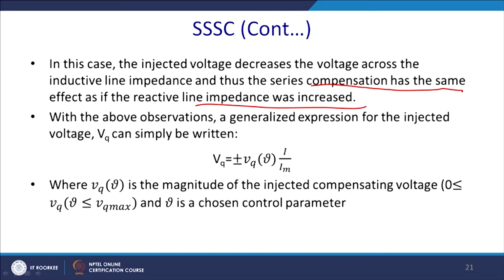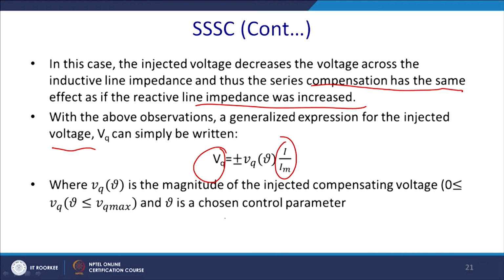With the above observation, generalized expressions for the injected voltage Vq can be written as plus minus Vq as a function of the unit vector I by I m, where Vq is the magnitude of the injected compensating voltage and within a range of 0 to plus Vq max.